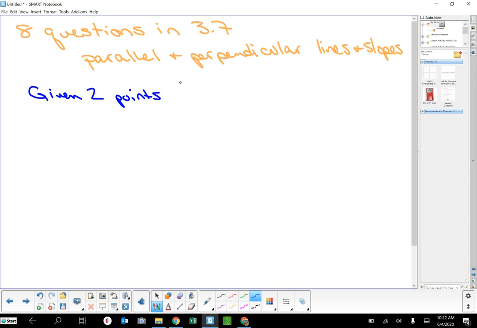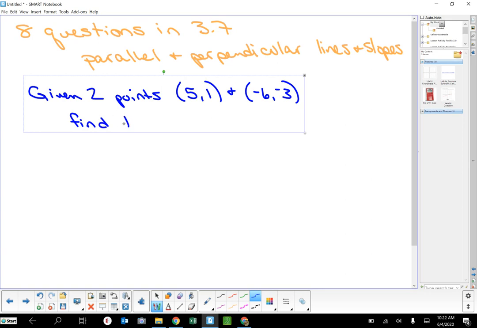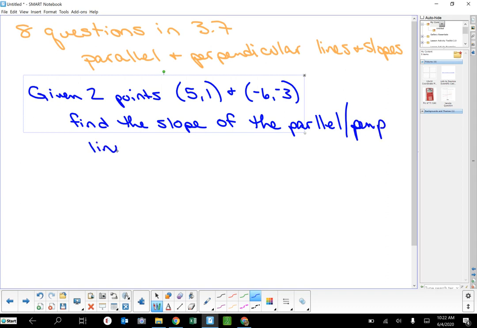Just as an example, (5, 1) and (-6, -3). And then you're asked to find the slope of either the parallel, any parallel or perpendicular line. And it'll be specific in Varsity. It'll say one or the other.